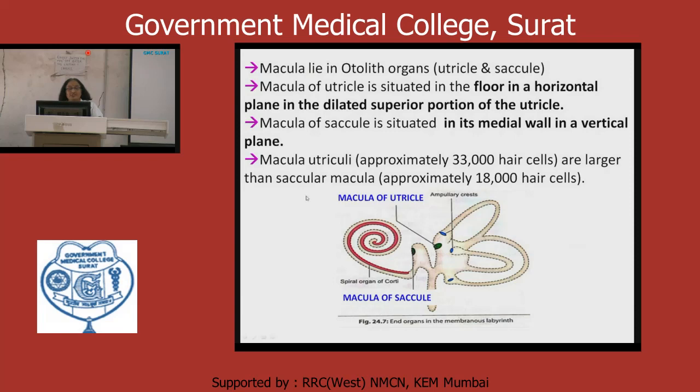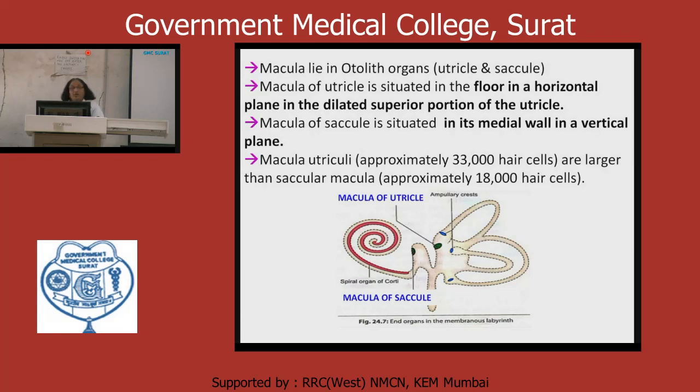Now the macula utriculi contains approximately 33,000 hair cells, which is larger than the saccular macula, with approximately 18,000 hair cells.